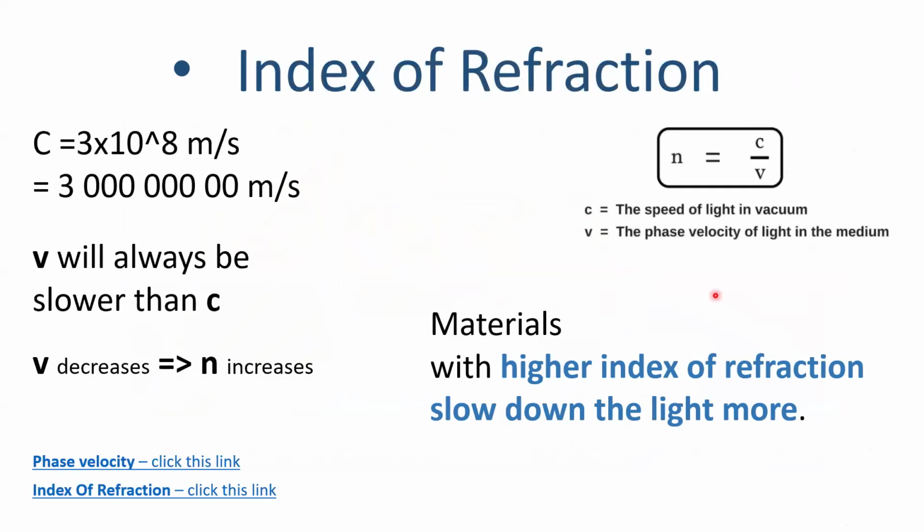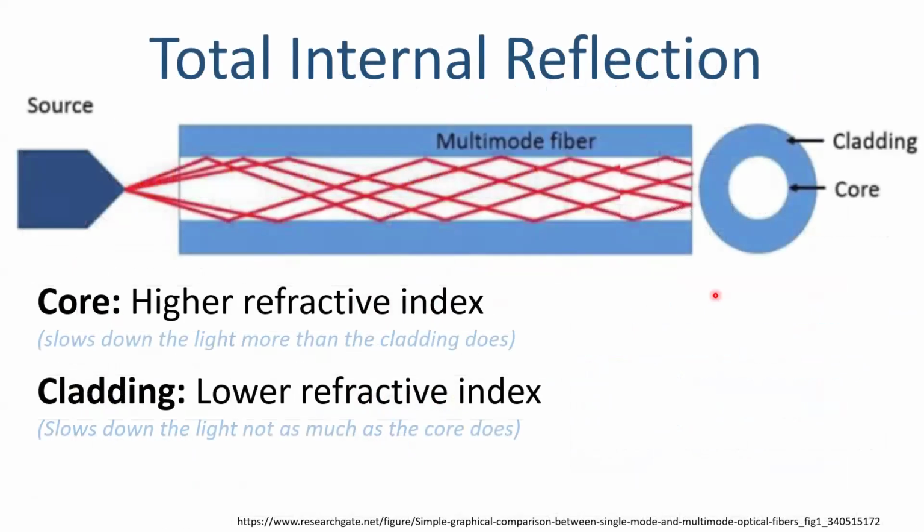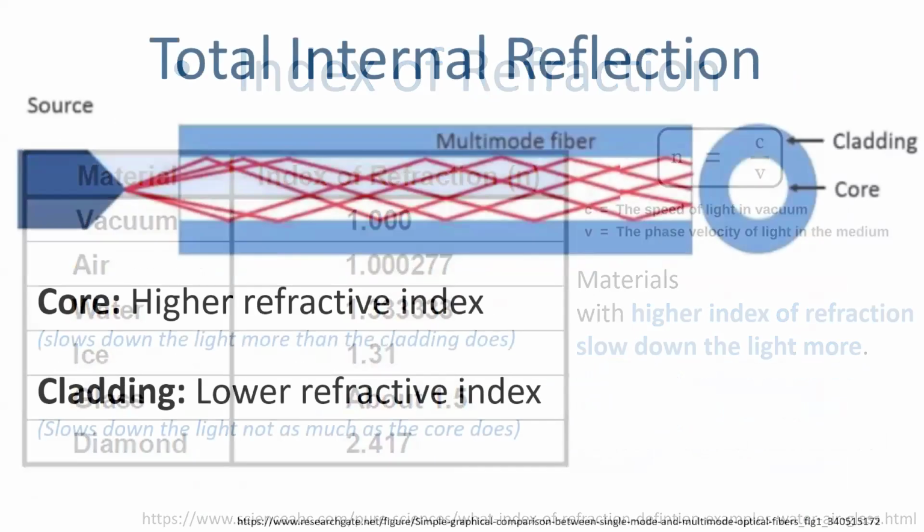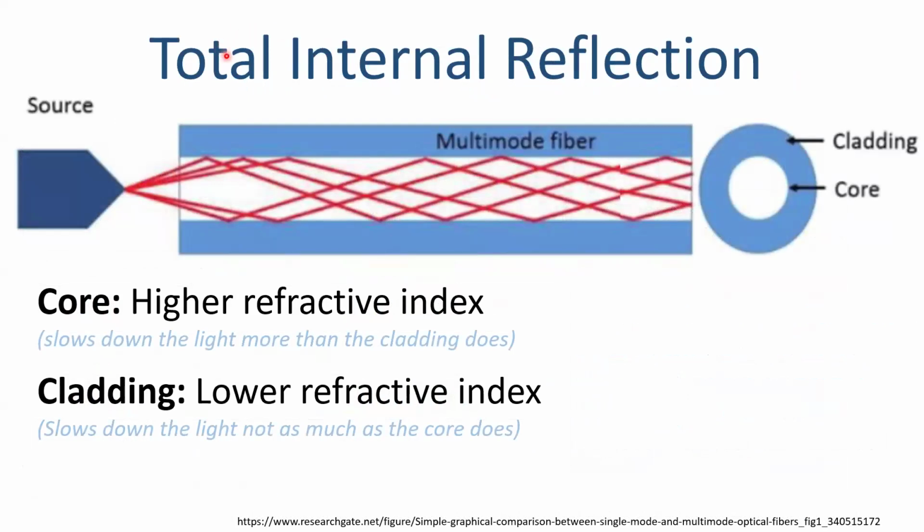All right. Keep that in mind, what I just said. Total internal reflection. Well, here's the source of the light, and here is our optical fiber link. Here is glass, and here is glass, but those two glasses are slightly different.